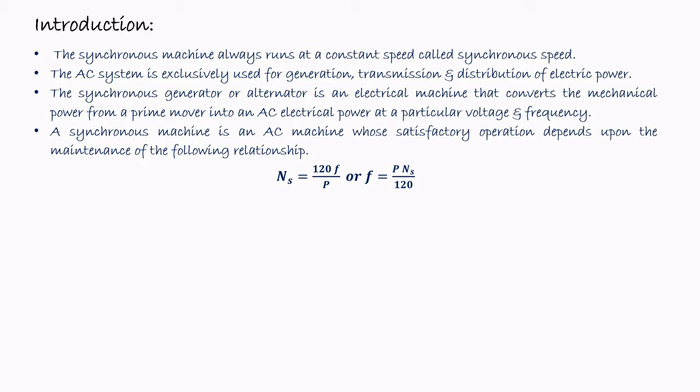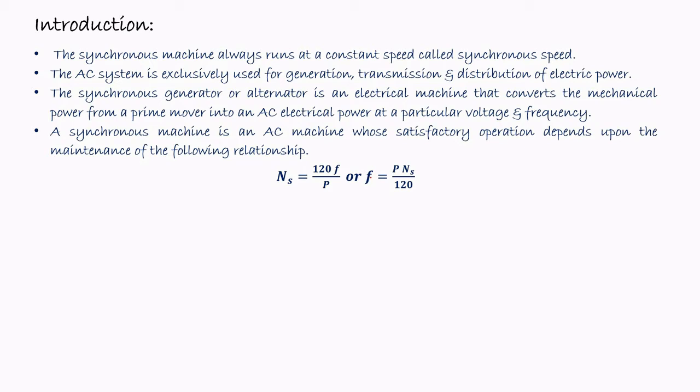Similarly, if the machine is operating as a generator, then using some prime mover, the rotor of the machine is rotated with a speed Ns, and P is the number of poles in the stator. So depending upon this formula, the frequency of the induced EMF will be developed.